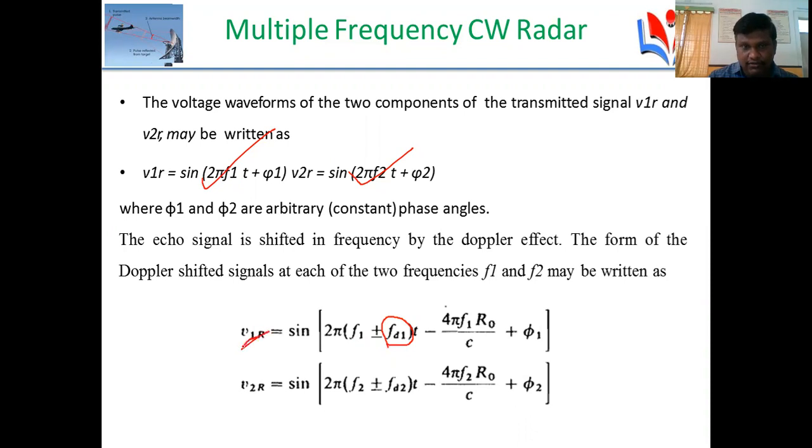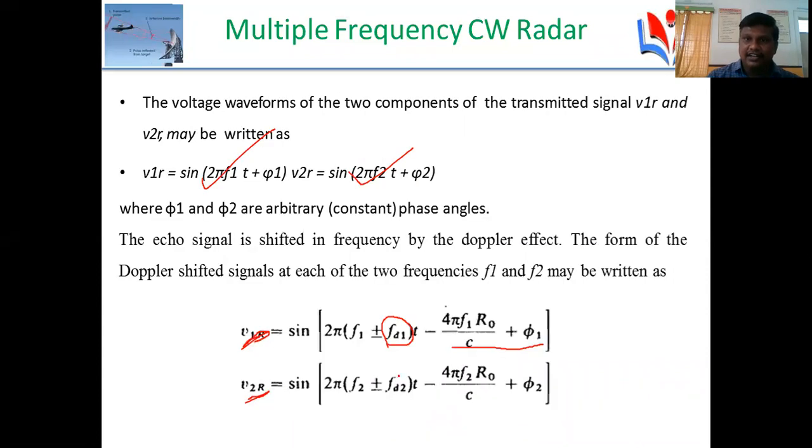This is the received signal due to the first one, that is, whatever we transmitted, F1, along with some Doppler frequency and some phase. Similarly, this is the second signal received from the target.